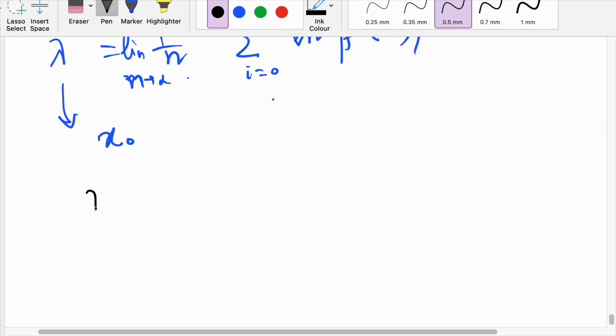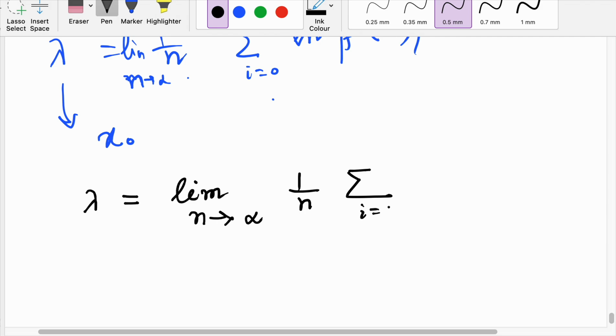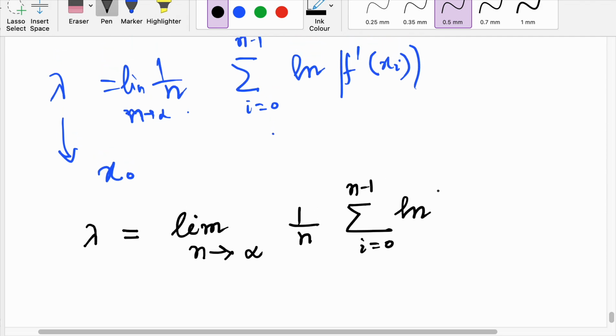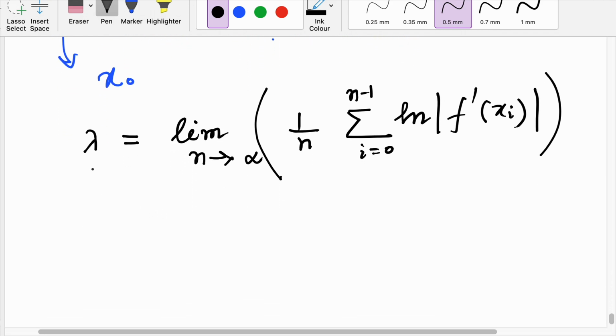Let me write it clearly here: limit n tends to infinity, 1 by n, sum from i equal to 0 to n minus 1, of ln f prime xi. So that is basically the definition of the Lyapunov exponent.